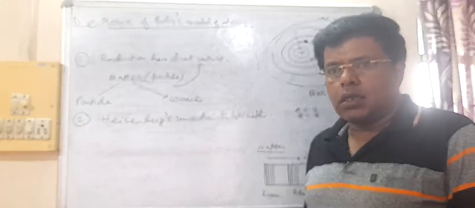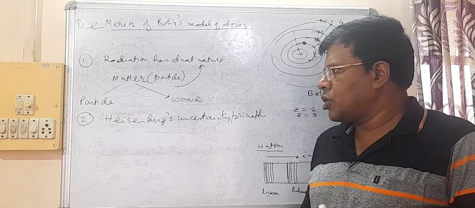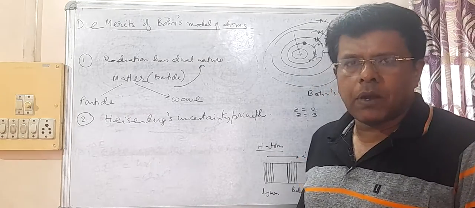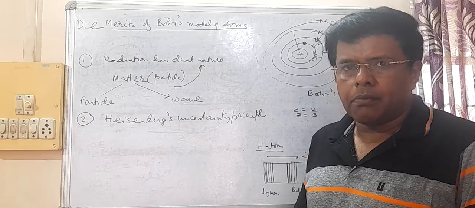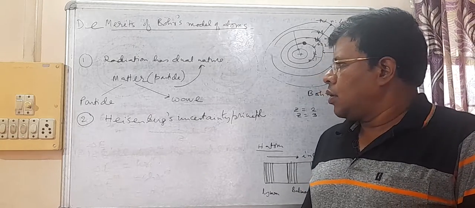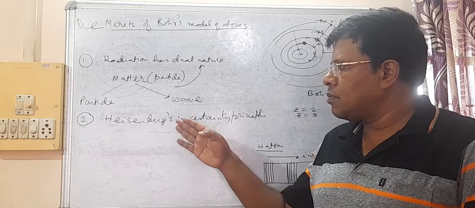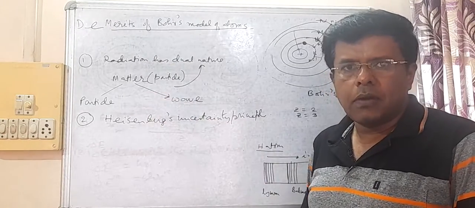We cannot determine simultaneously the exact position of a microscopic particle and the momentum of a microscopic particle. So this is what is known as Heisenberg's uncertainty principle, and it is because of the dual nature of matter.